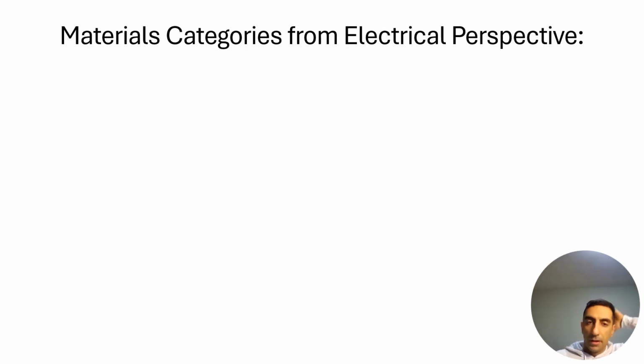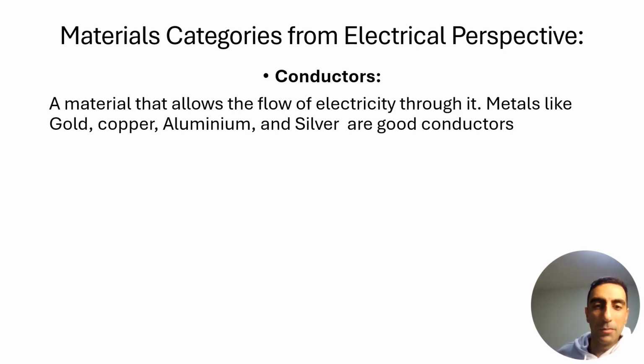Let's move on to material categories from an electrical perspective. From an electrical perspective, materials are categorized into three main categories, starting from the most important one, which is conductors. Conductors allow electricity, allow the electrons, to pass.